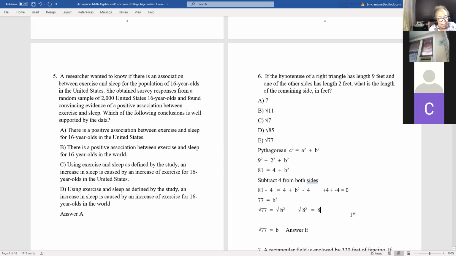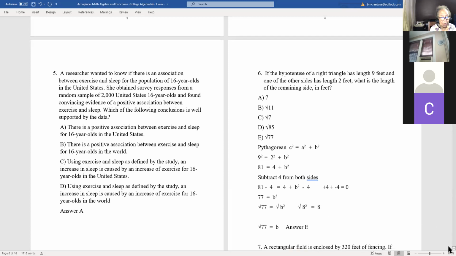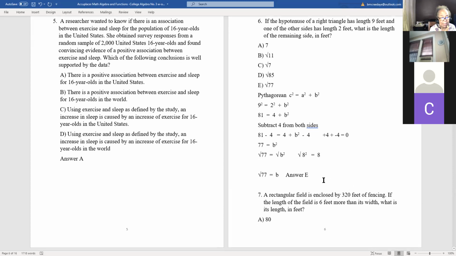Square root of 81 is 9. But you don't really have to square it because the rule is when you take the square root of a variable or a number, you just get back that number or that variable. Follow? Okay, let's go to number 7.